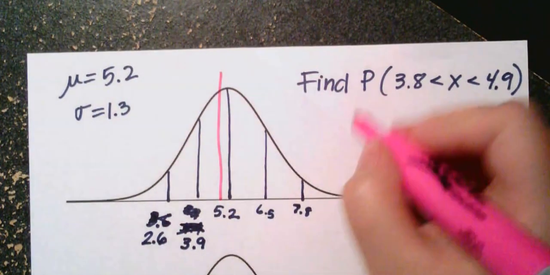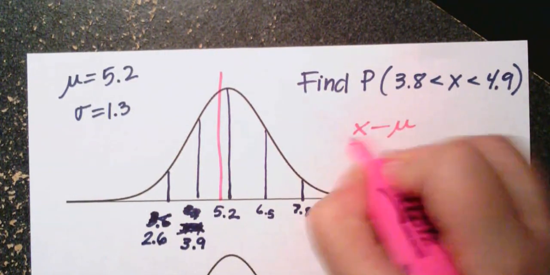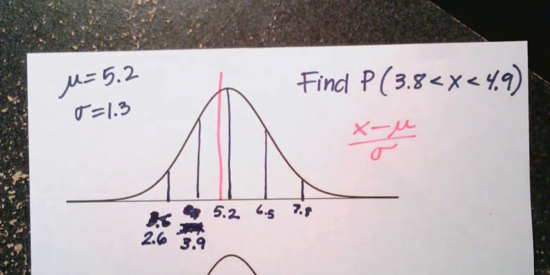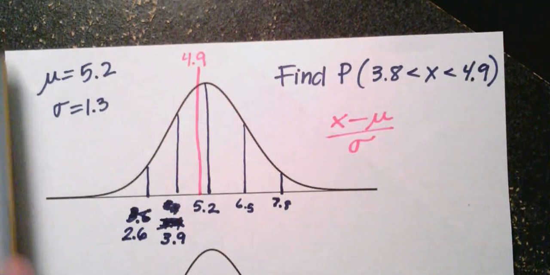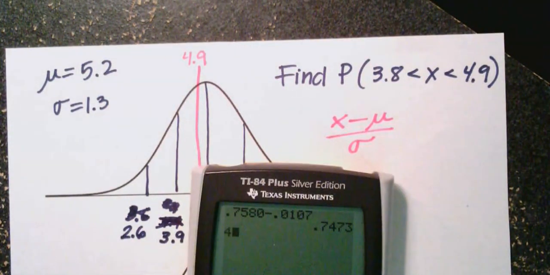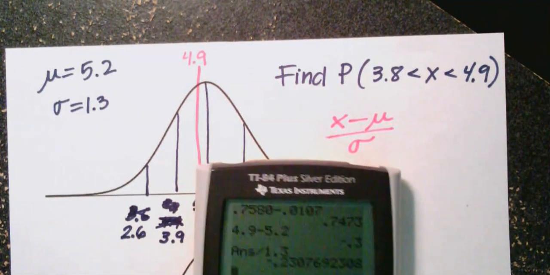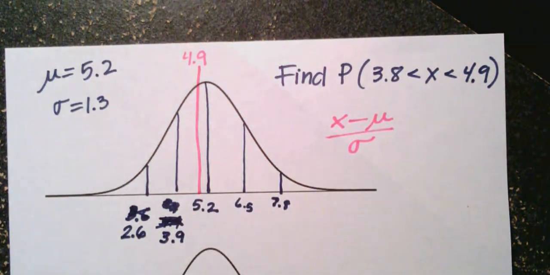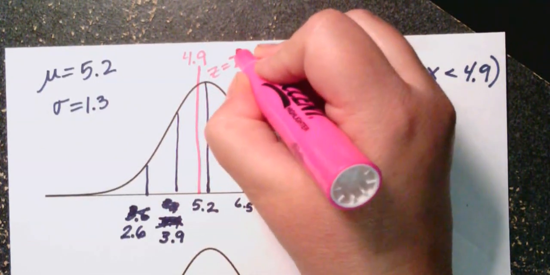And remember, the formula for that is I take my value, 4.9 in this case, and I subtract mu, and then I divide it by the standard deviation. So 4.9 minus 5.2 divided by 1.3 gives me negative 0.23. Okay, so there's my z-score, negative 0.23.